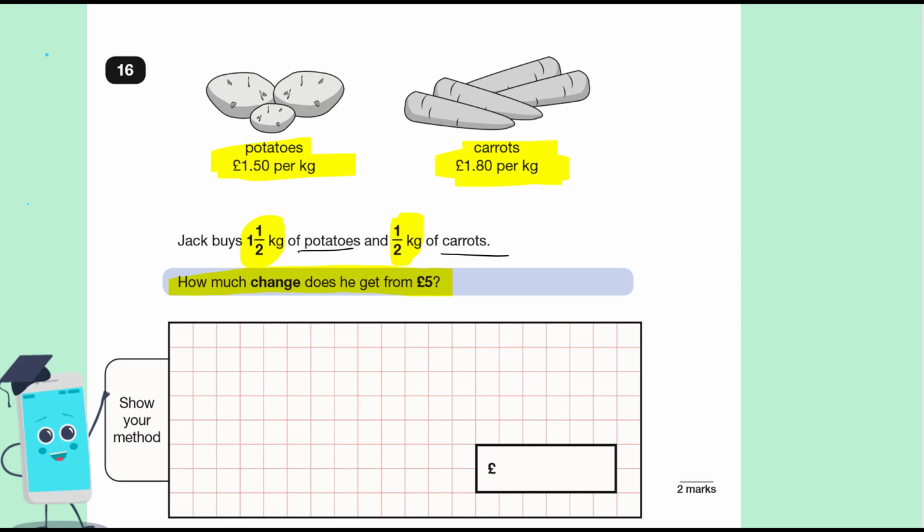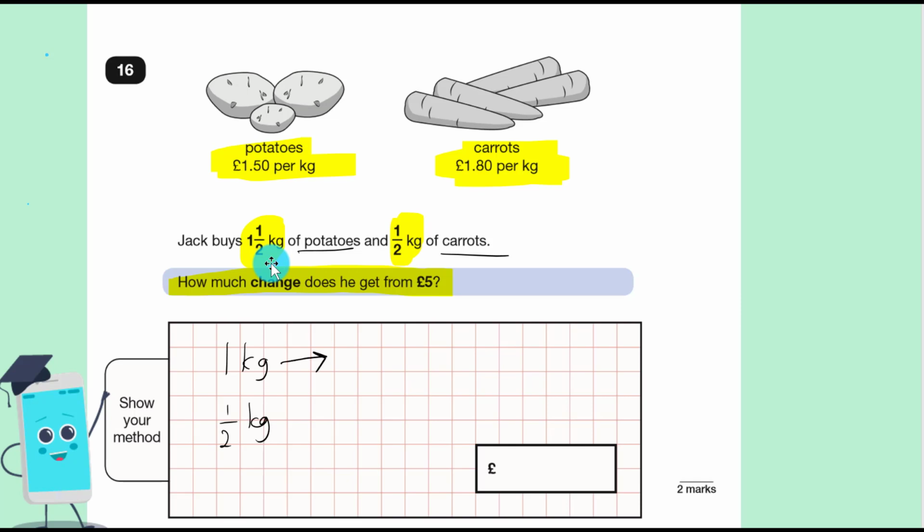Now we've got the price per kilo, but Jack doesn't just buy 1 kilo, he buys 1.5 kilos. So I need to multiply £1.50 by 1.5, or I could write it out, my 1.5, I could partition them. Here's my 1 kilo and here's my half a kilo.